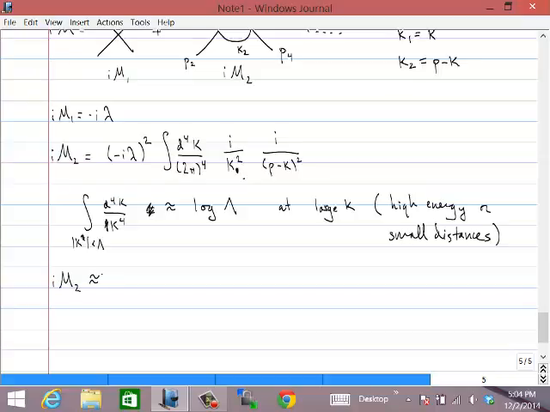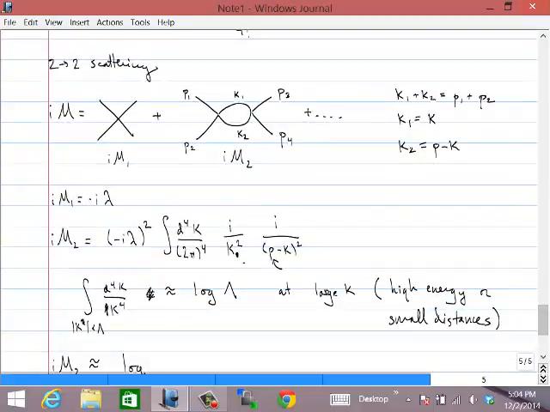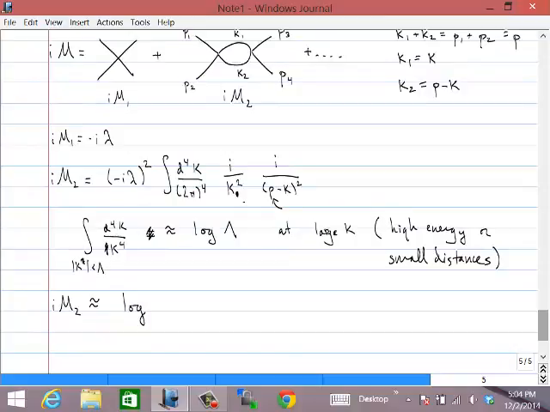So if we have some cutoff lambda that we choose to cut off the integral with, then the answer for the integral has to be a function of p, here being p1 plus p2. Because the amplitude is a scalar, it has to be a function of p squared, otherwise known as the Mandelstam variable s.